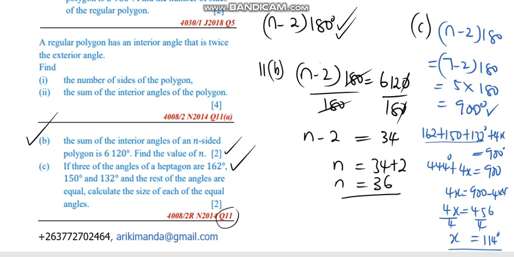The 3 given angles added together give us 444. So we can safely say 900 less 444, we get 456 remaining. There are 4 angles remaining and they are equal, so we can now safely divide the 456 degrees remaining by the 4 angles. And what we get is 114 for each remaining angle.